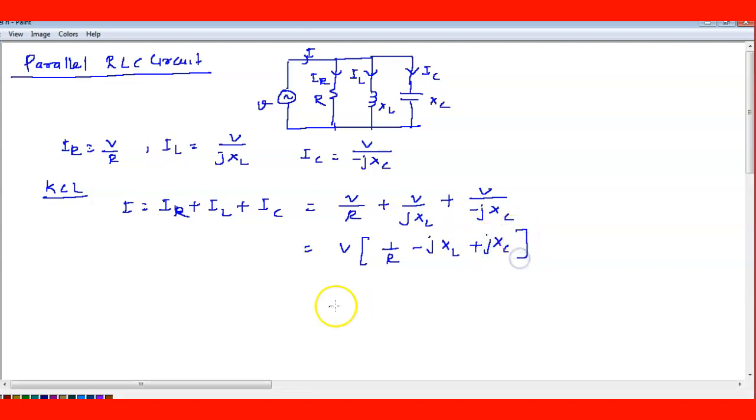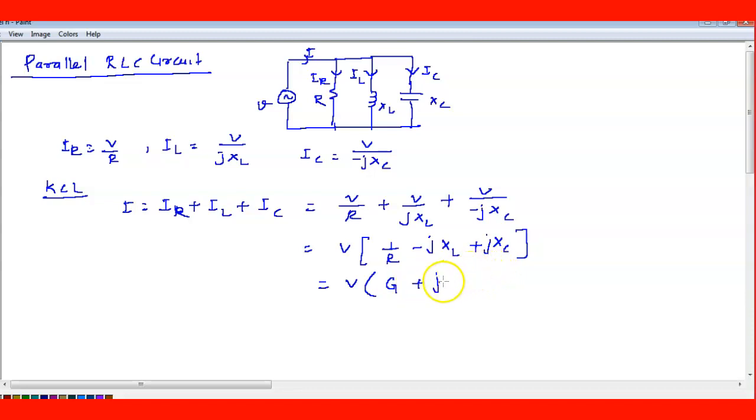So we can also write V upon G, and this one I will consider with J common, XC minus XL. This is what? Y only. Getting the note?